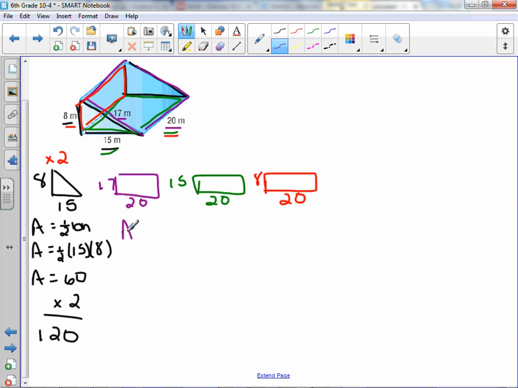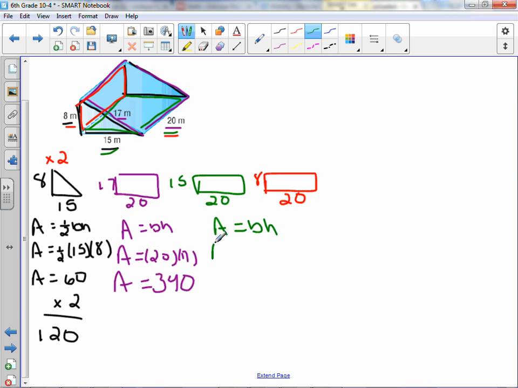Now our purple rectangle, area equals base times height. Area equals 20 times 17. Area equals 340. I only have 1 of those, so I can keep it at 340. The green rectangle, area equals base times height. Area equals 20 times 15. Area equals 300. Again, I only have 1 of them.